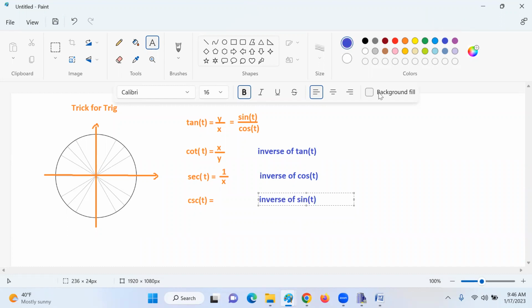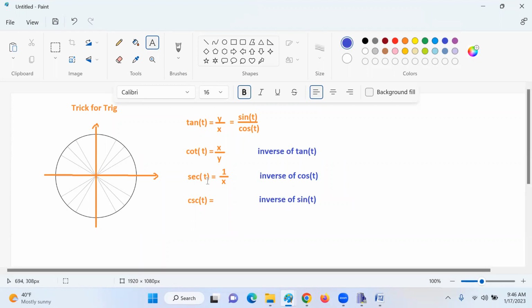But you're not going to memorize too much. You just need to understand the sine, the cosine, the tangent, and the secant. The cotangent, we need to understand as the inverse of tan, and then the opposite is just the way it is, right?